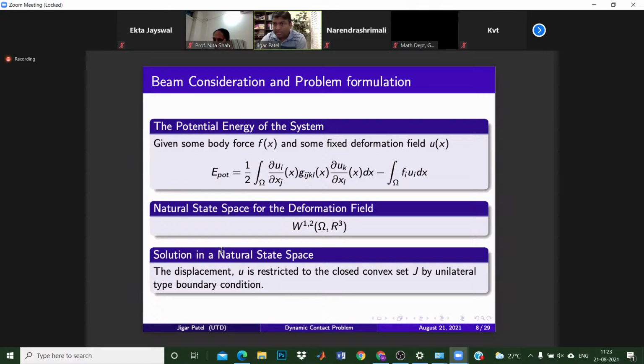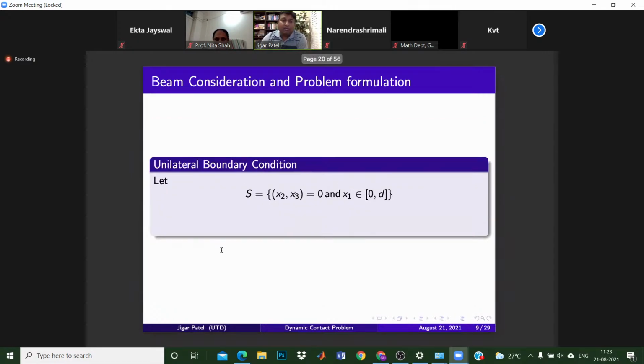That is the unilateral boundary condition in simple wording. How do we model that set? Here is how we are going to model it. I consider the set S, which represents the situation where the x2 and x3 components of node X have value 0. Value 0 means they are at the wall, and the x1 component could be anywhere on the supporting wall.